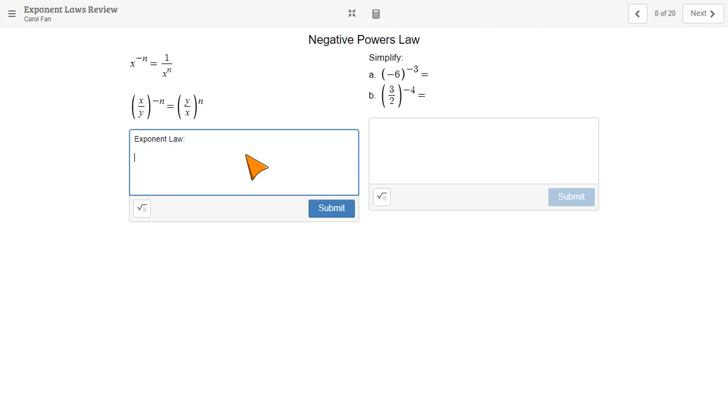So our exponent law: all powers with a negative exponent can have a positive exponent when you take the reciprocal of the base.